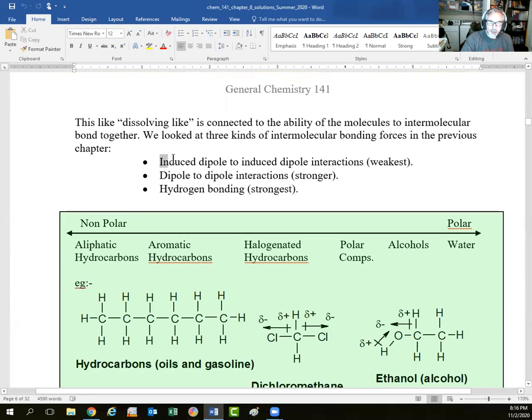So non-polar compounds, as we said in chapter 7, would interact through induced dipole to induced dipole interactions. Polar compounds would interact through dipole to dipole interactions, and highly polarized compounds, which are capable of hydrogen bonding, would interact with other chemicals which are capable of hydrogen bonding.